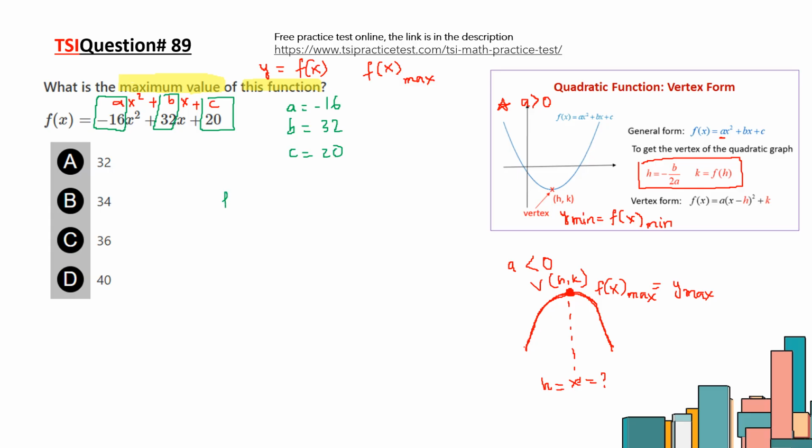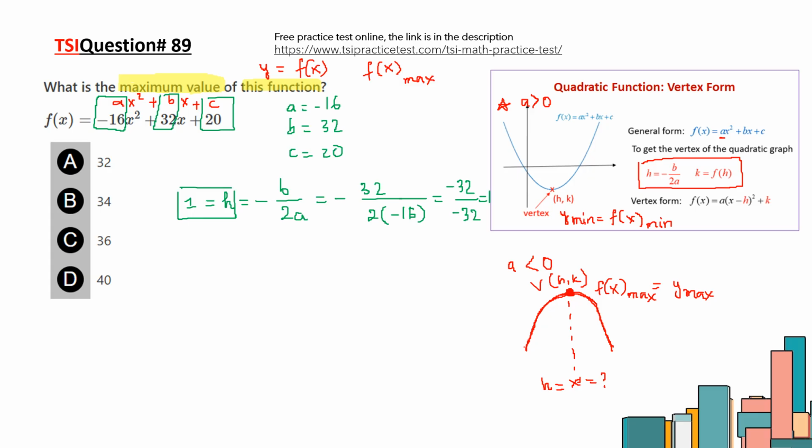We have h equals negative b over 2a. Now negative b is negative 32 over 2 times negative 16. Now we have negative 32 on the top, then negative 32 at the bottom. That will be equal to 1. So h is equal to 1.